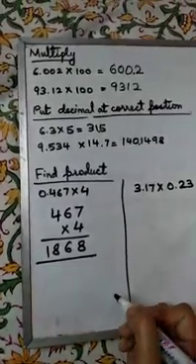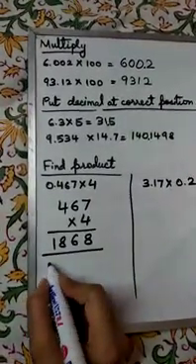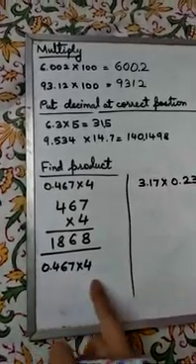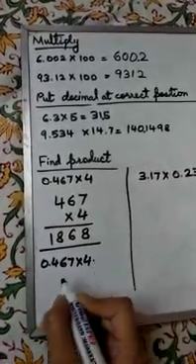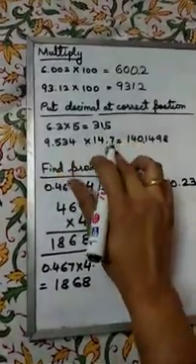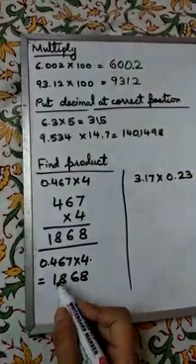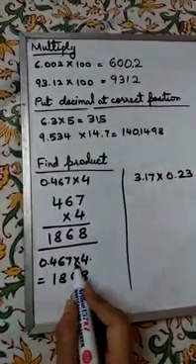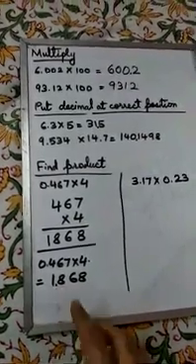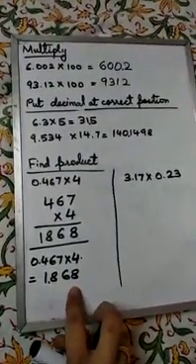This is the product. Now to write the answer of this decimal number and a whole number, we are going to note down the product and this forms the same question where we have to put the decimal in the correct position. Here we have only one decimal number, 3 digits are there, so we will put a 3 digit decimal here.